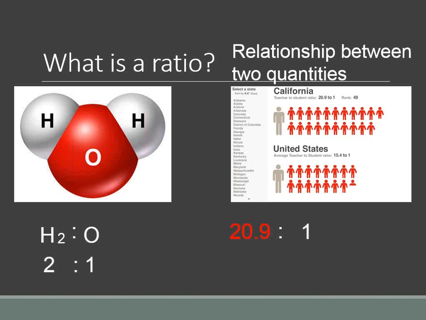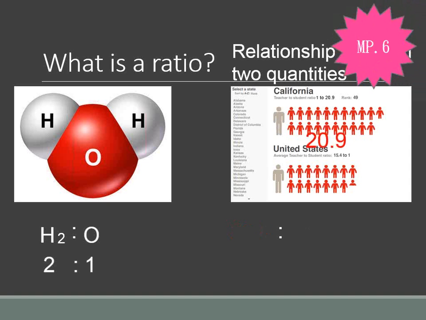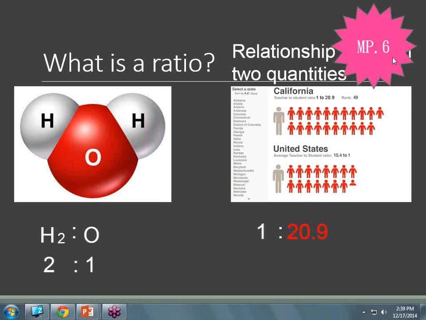So really, when it says teacher-to-student ratio, it should not be 20.9 to 1, but it should be 1 to 20.9. In a ratio, we have to remember that whatever we say first comes first.